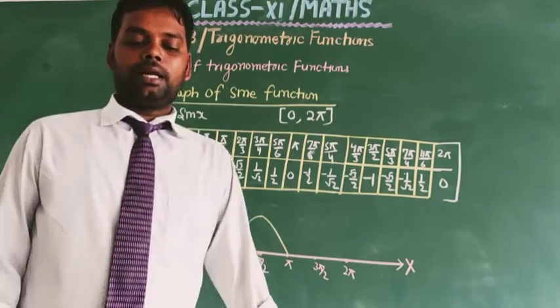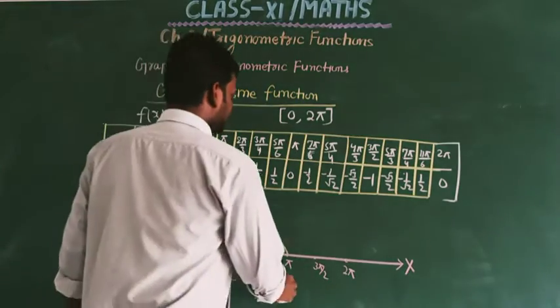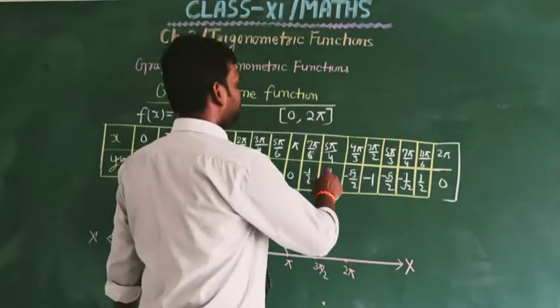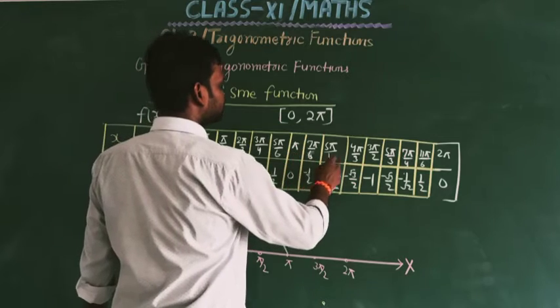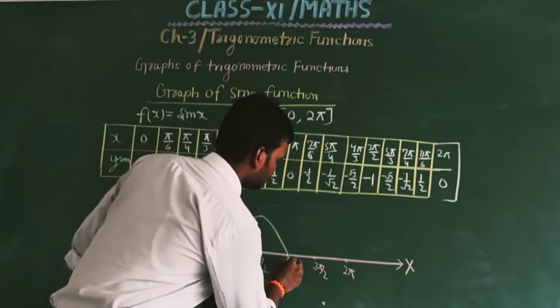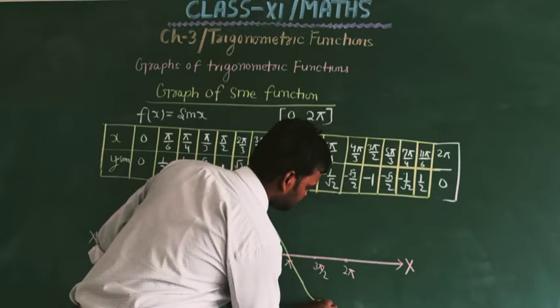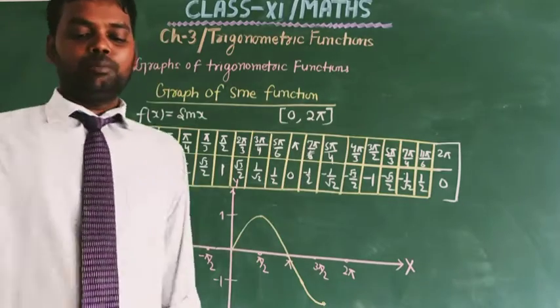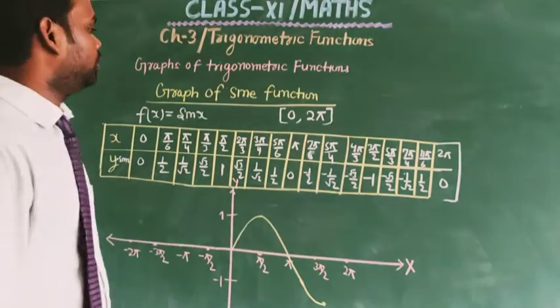In the third quadrant it decreases from 0 to minus 1. So at 3 pi by 2 the value is minus 1. In the fourth quadrant it increases from minus 1 to 0.